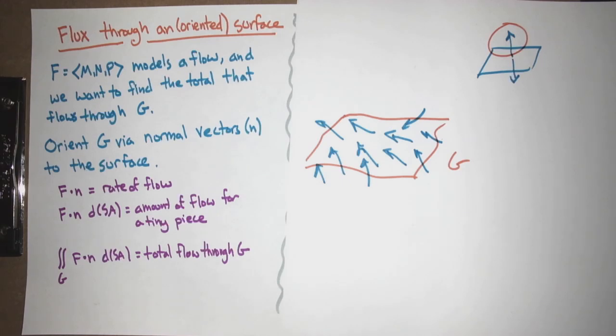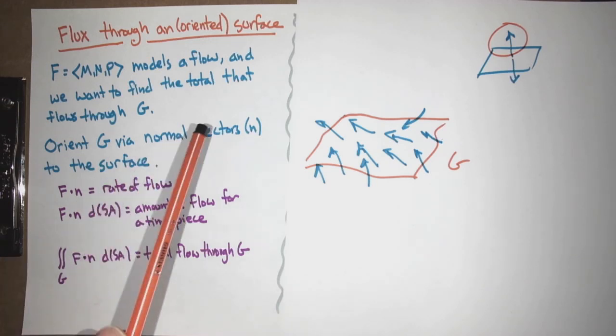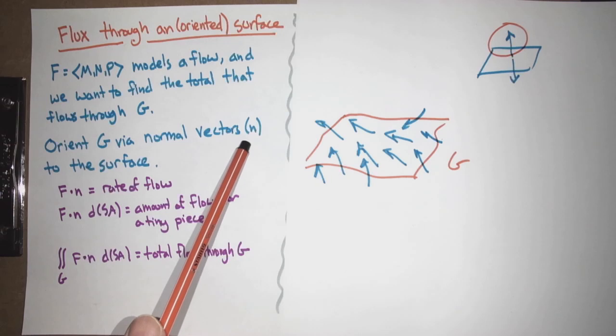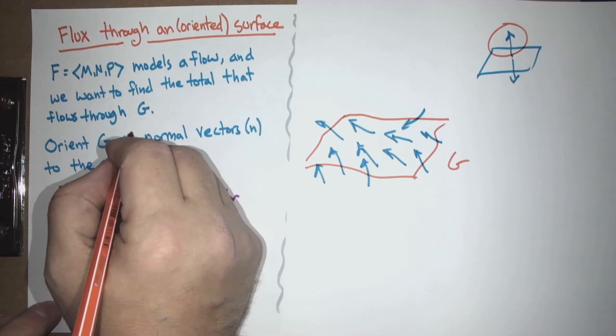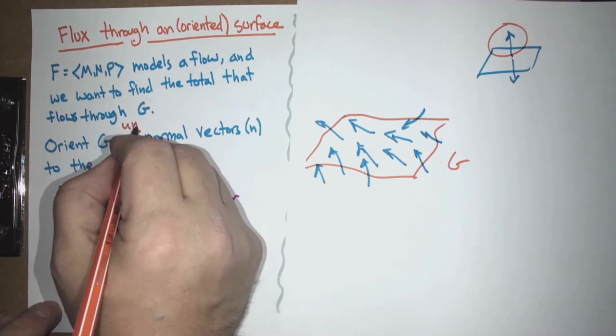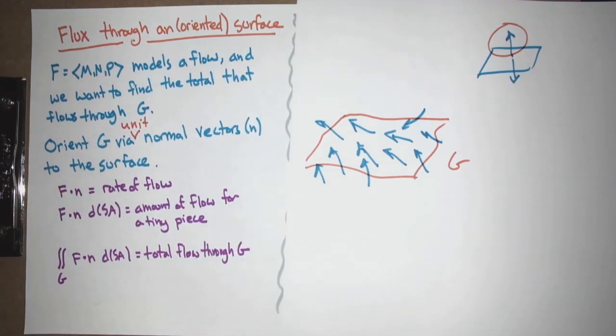Okay, so how do we find it? Well, basically you build up. Once you have your normal vectors, and I forgot to add a word here, unit normal vectors, because we always use unit vectors to indicate direction.